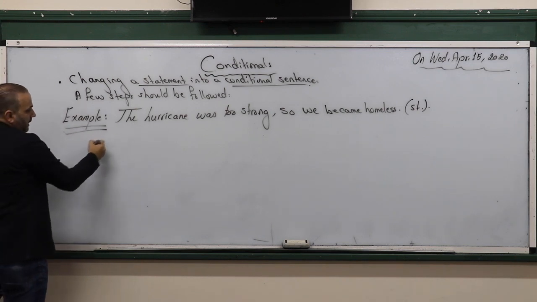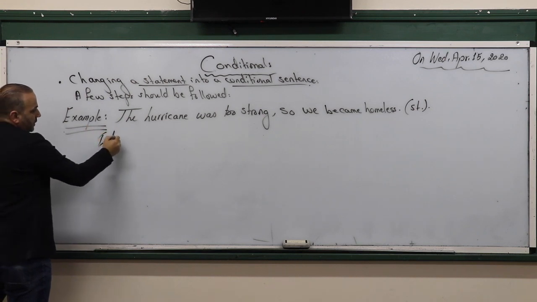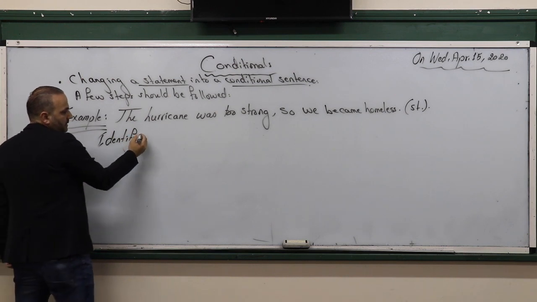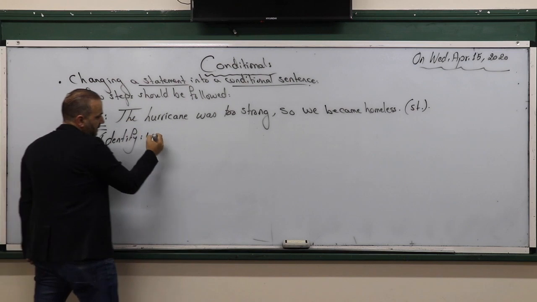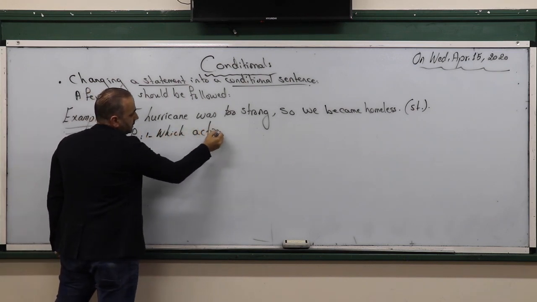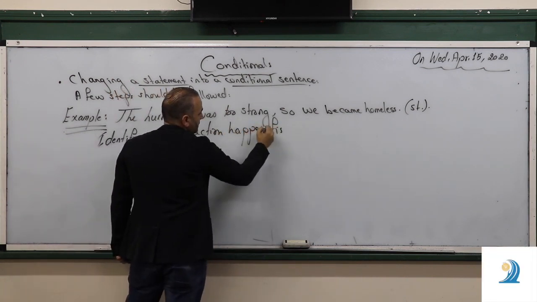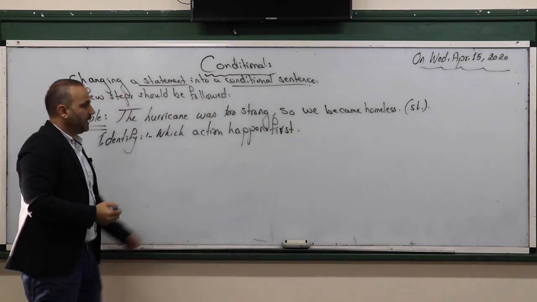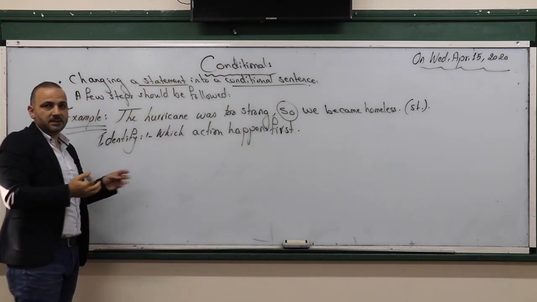Step 1. If we want to change it into a conditional, we have to identify, as we said last time, determine, specify, whatever. Identify which action happened first. We agreed last time that when we have "so", it's a game of cause-effect.